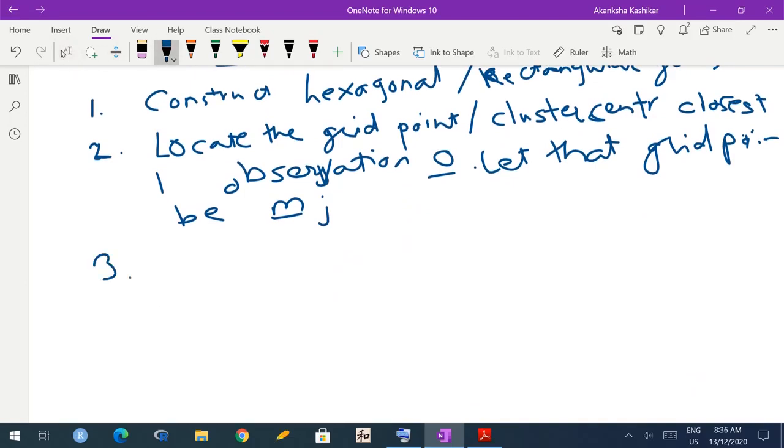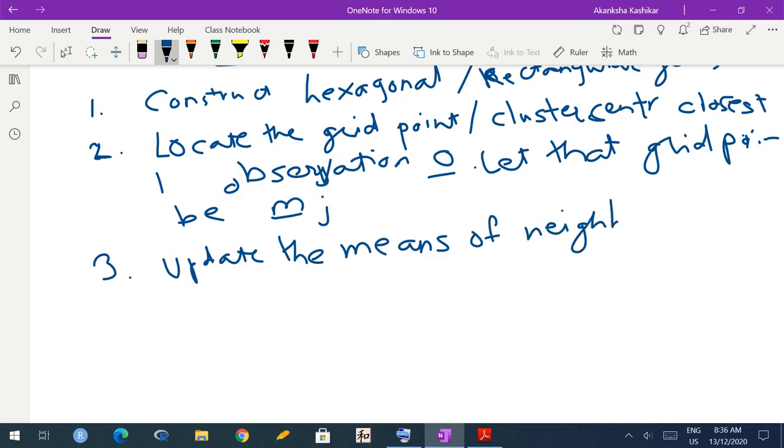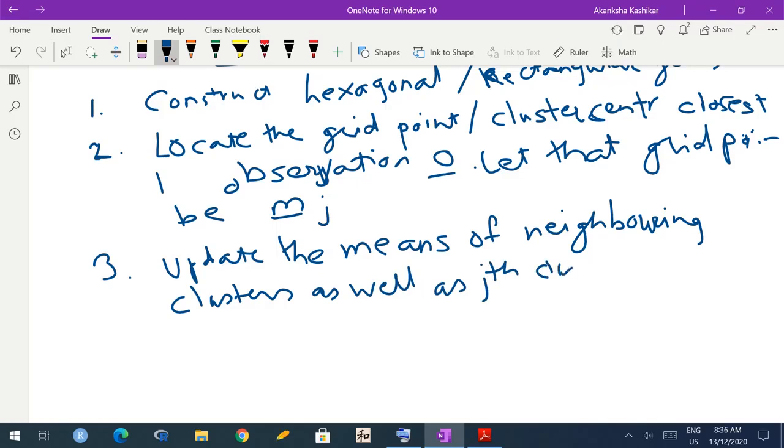Now update the means of neighboring clusters as well as the jth cluster. How do you update? Because you have added a new observation, you have to update.